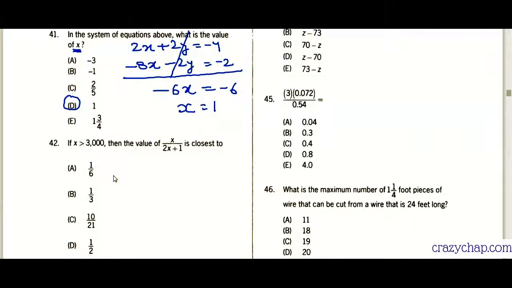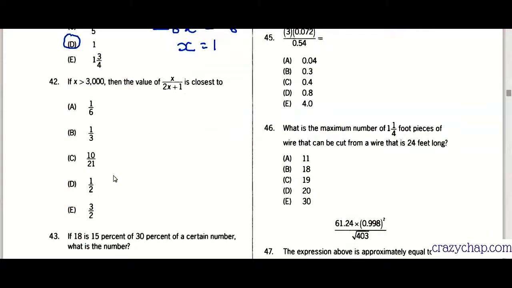Let's solve question number 42. X is greater than 3000, then the value of this number is closest to what? So let's plug in a number which is greater than 3000. So I will just plug in 3000.1, because this number is greater than 3000, right? 2 times 3000.1 plus 1, right?